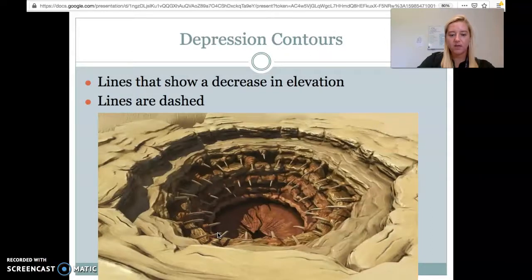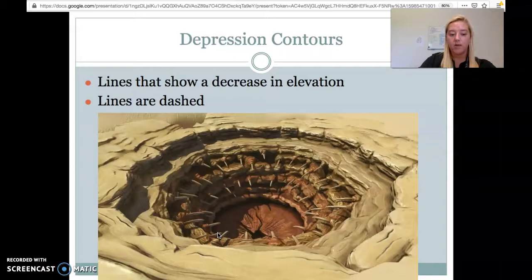This is what we call a depression. They're lines that show a decrease in elevation, and these are lines that are dashed. So, for example, this would basically be a hole in the ground, right? So you've gone below sea level and now you're going lower and lower. It could be a cave, a cavern, an opening, a ridge, whatnot.